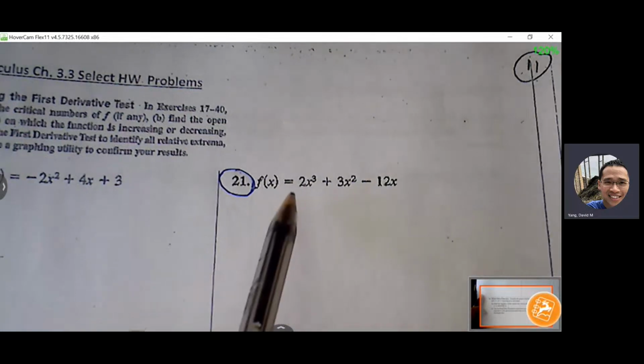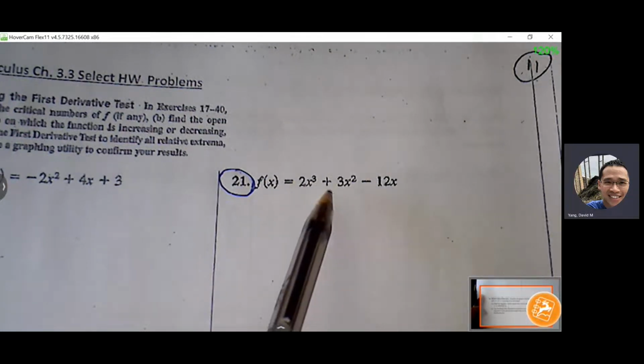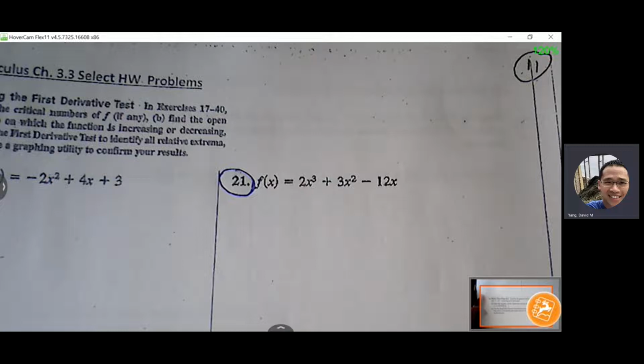So first derivative test, it should feel very familiar because you've done this with particle motion, right? Particle motion, you found your velocity, you set your velocity equal to 0, you created your velocity sign line, you tested each interval, and then you did interval right, interval left, depending on whether you have positive or negative.